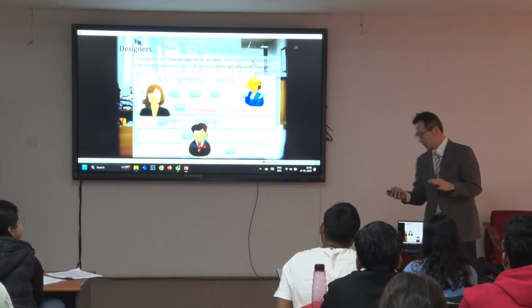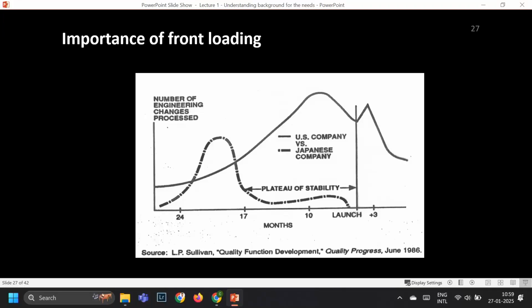Okay? And also, when it comes to when of design, it's important to remember the importance of front loading, meaning that the earlier stage of design is more important in terms of influence on the outcomes of design.